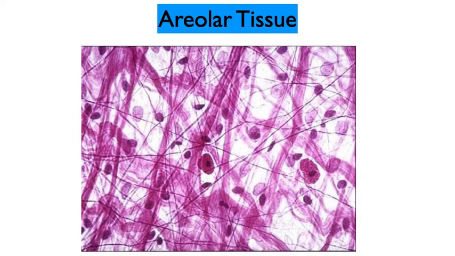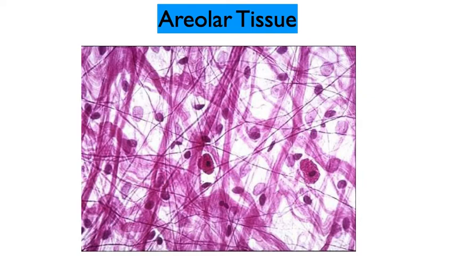It's almost in a fluid state. You can see all kinds of cells that are spread throughout here. The smaller ones are going to be the fibroblasts that actually are producing those fibers that I just mentioned.